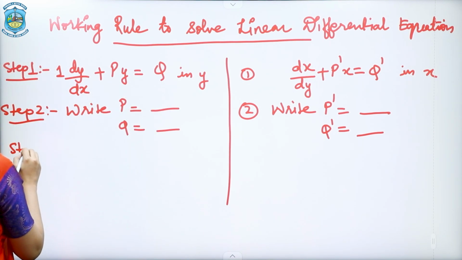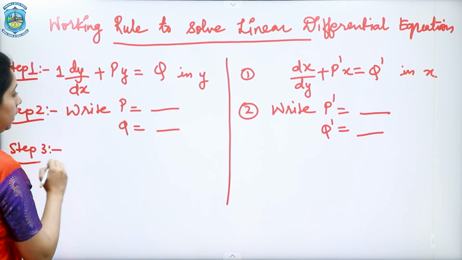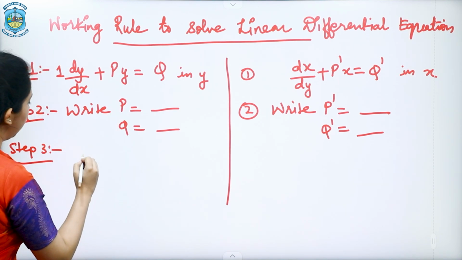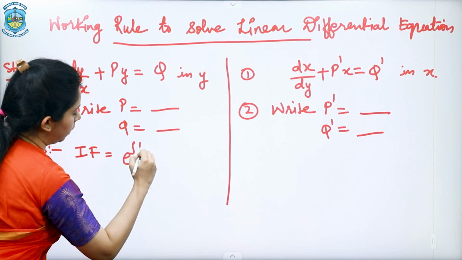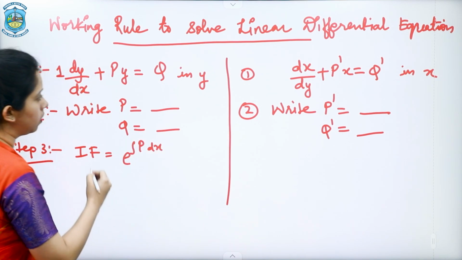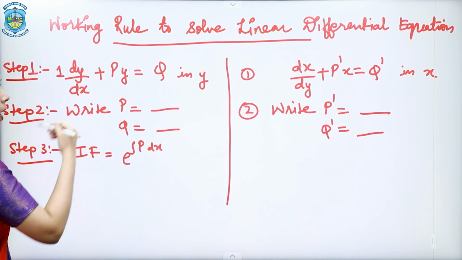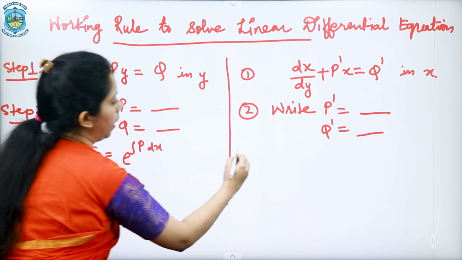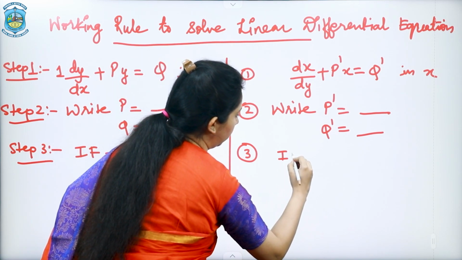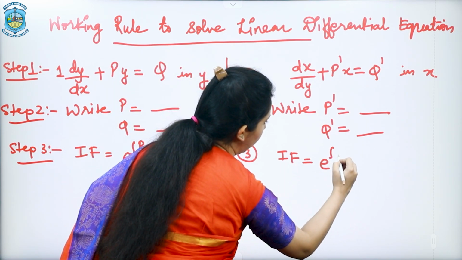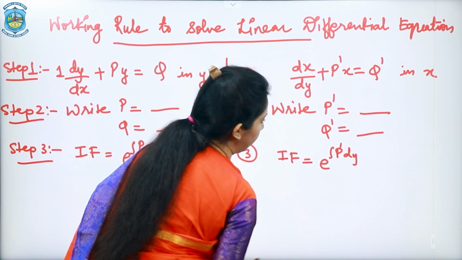Next, step number 3, after writing the value of p and q, we find the integrating factor, which is given by e raised to integral p dx in case of dy by dx plus py is equal to q, and in case of linear differential equation in x, the integrating factor is given by the formula e raised to integral p dash dy.